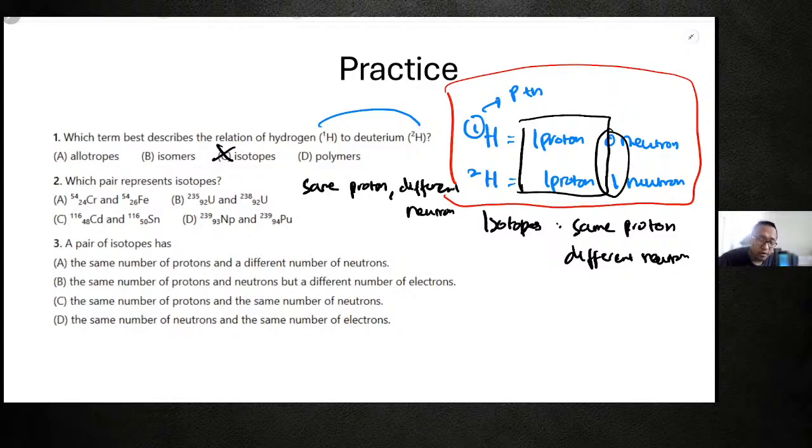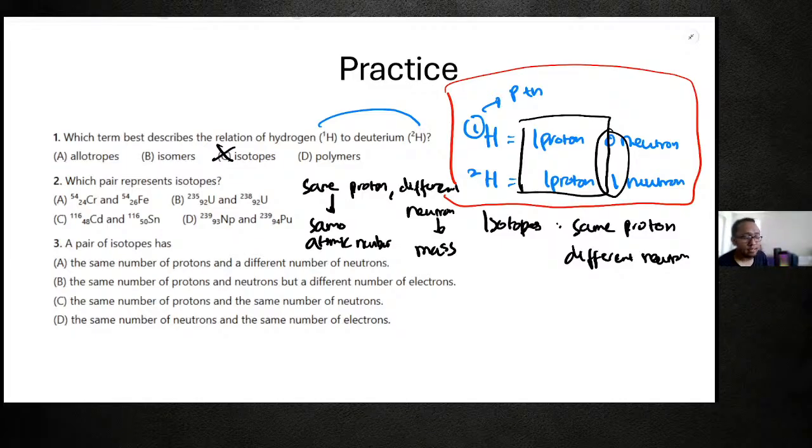What's the meaning of different neutrons? Same protons means the same atomic number, and different neutrons means a different number of neutrons, which means different mass. Mass pertains to neutrons, while protons pertain to the atomic number.